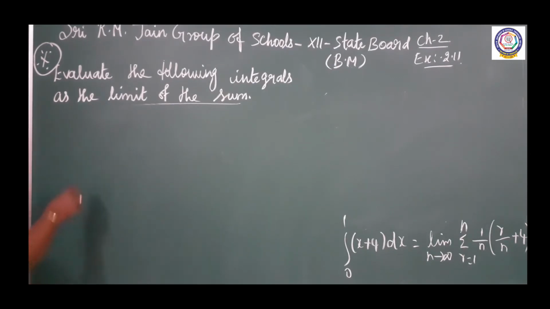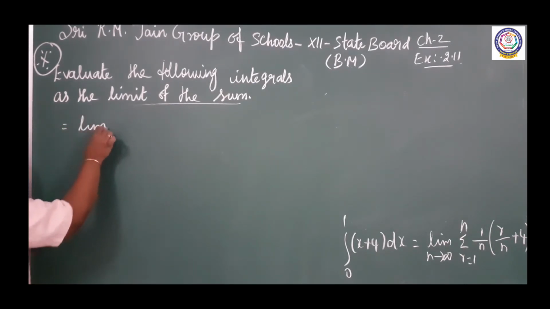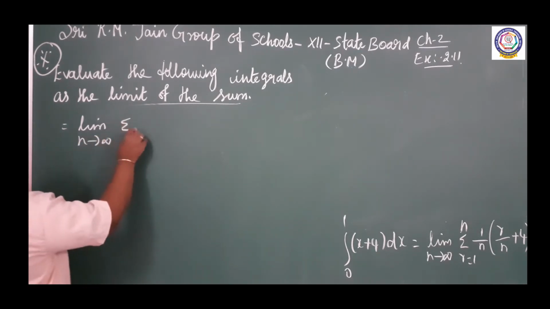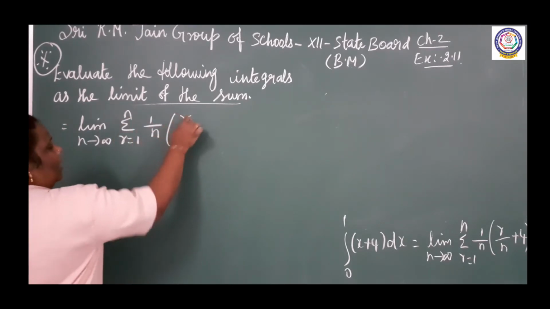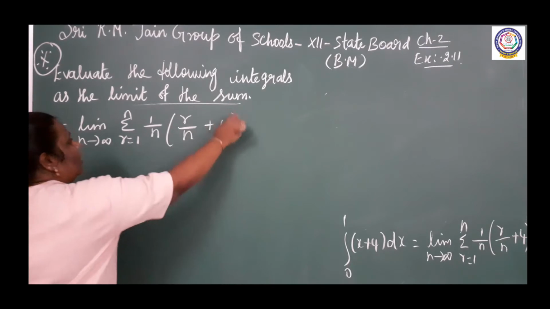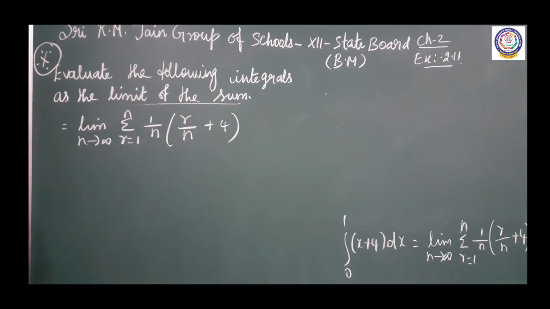So limit n tends to infinity, sigma r equal to 1 to n, (1 by n)(r by n plus 4). You can separate the value.